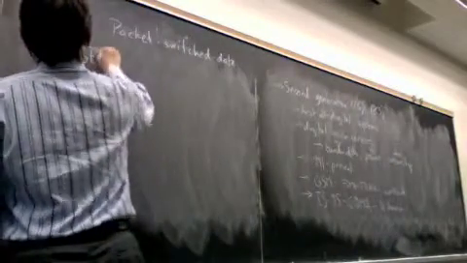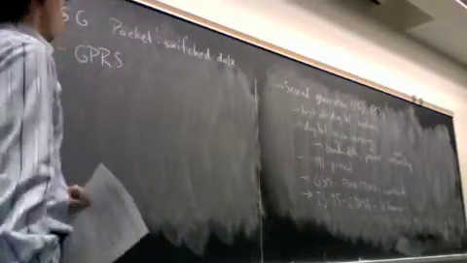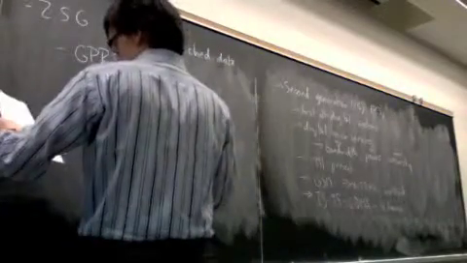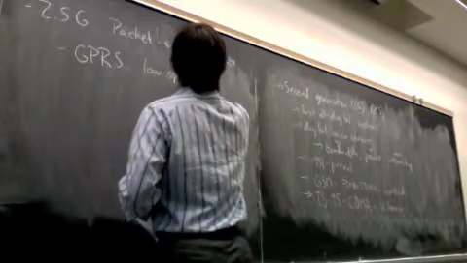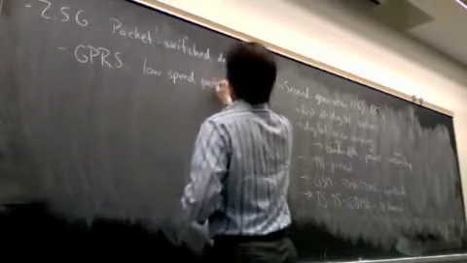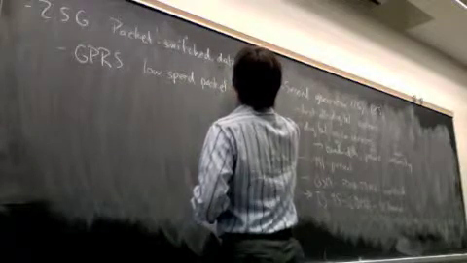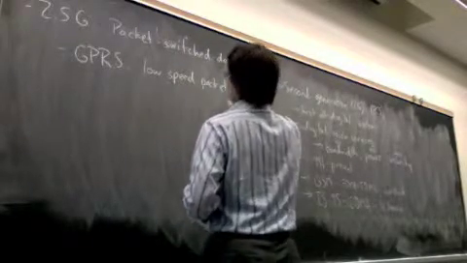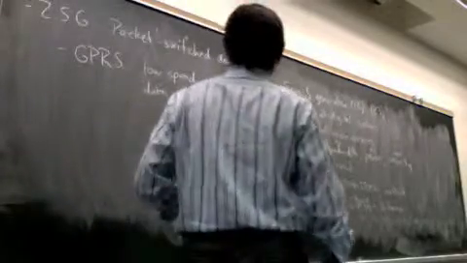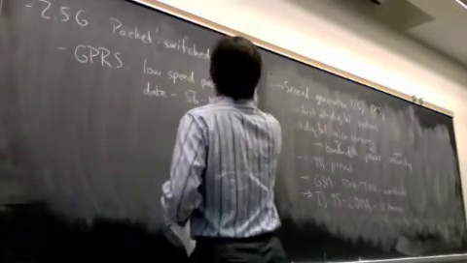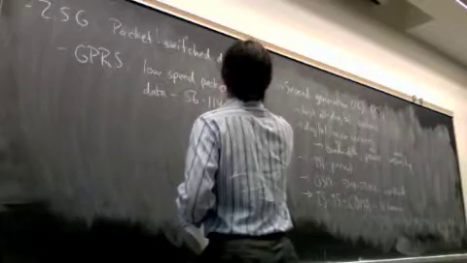One is called GPRS, which is for General Packet Radio Service. And this is basically for low speed packet switch data. It can support data rates in the range of about 56 to 114 kilobits per second.